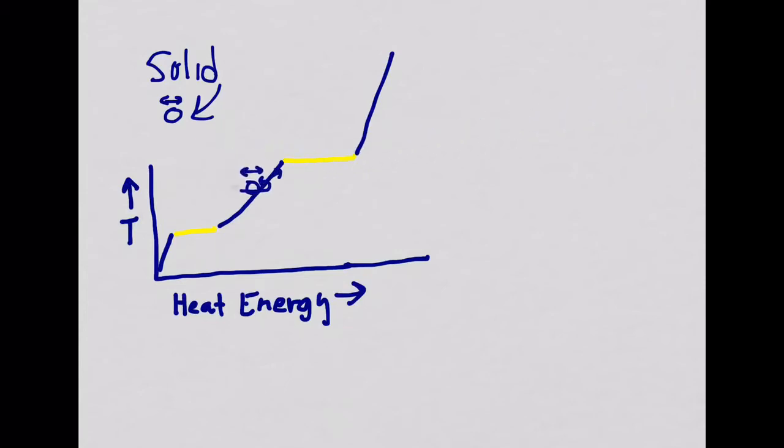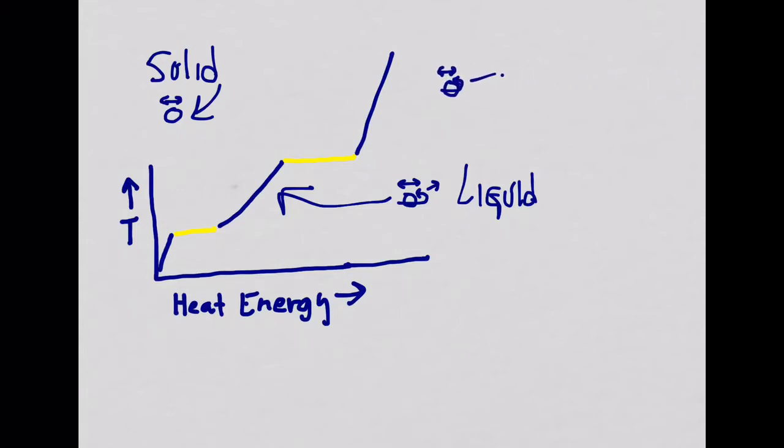In the liquid we have vibrational, rotational, and a little bit of translational. And finally, in the gas, we have vibrational, rotational, and a lot of translational. And that's directly related to the temperature.